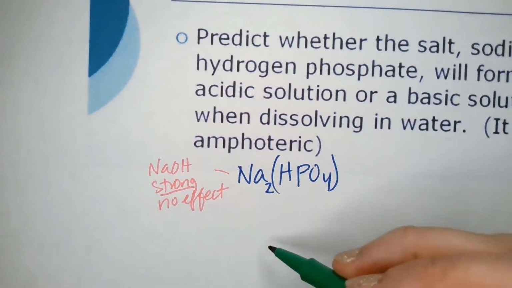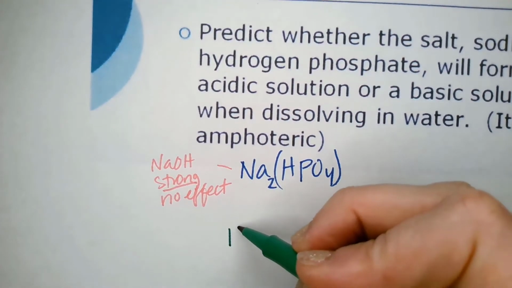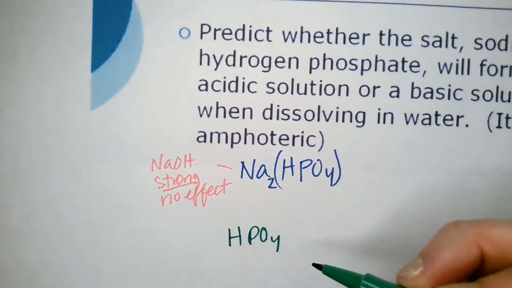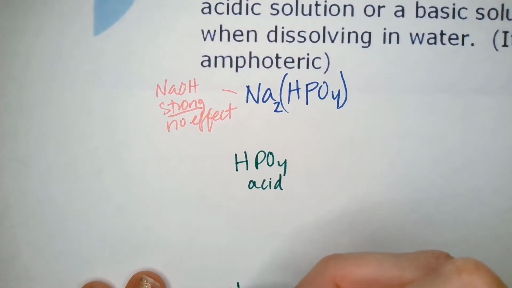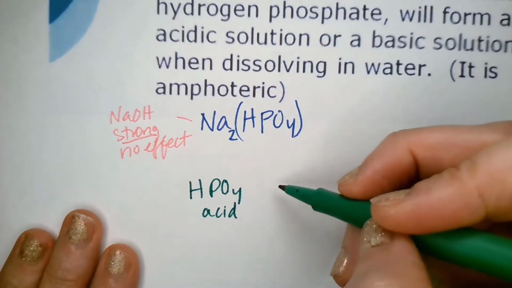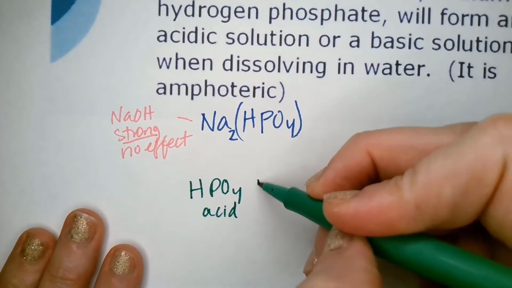Well, let's look at HPO4. So it just told us that it's amphoteric, so HPO4 can act as an acid or a base. We're going to look at HPO4 as an acid, and we're going to look at HPO4 as a base.